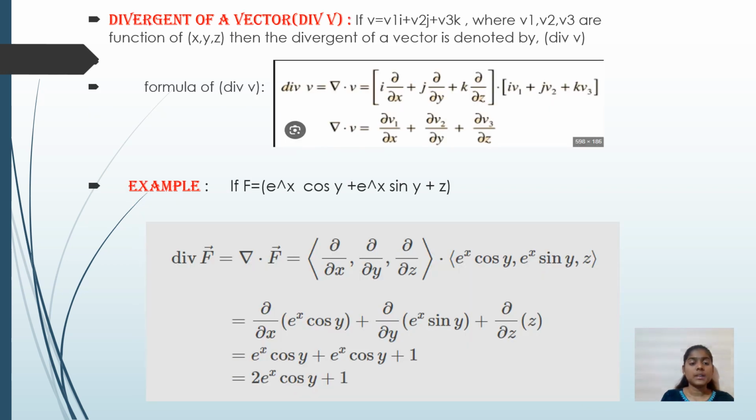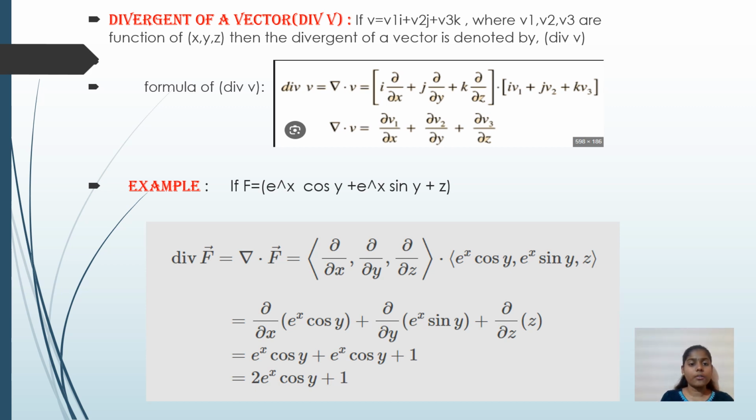Third one is divergence of a vector, that is nothing but div v. If v is equal to v1 i cap plus v2 j cap plus v3 k cap, where v1, v2, v3 are functions of x, y, z, then the divergence of a vector is denoted by div v.